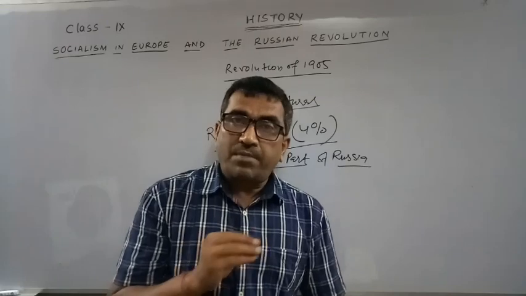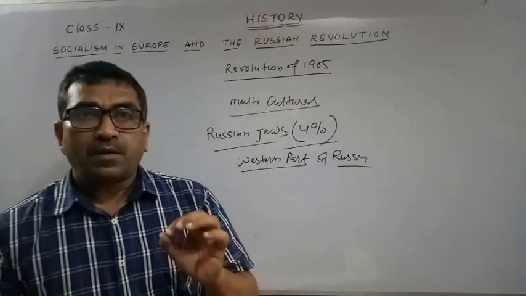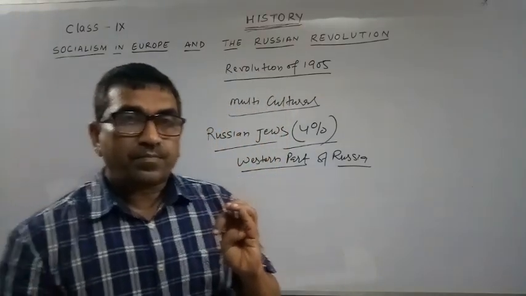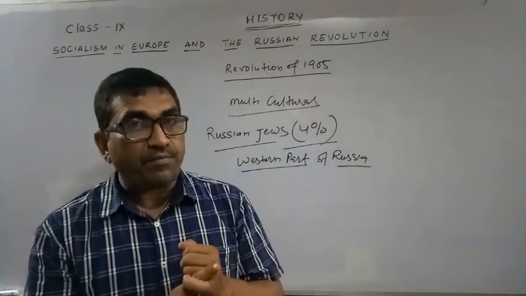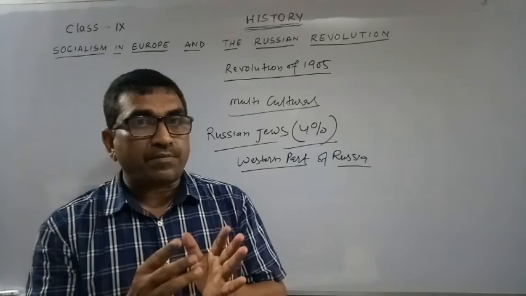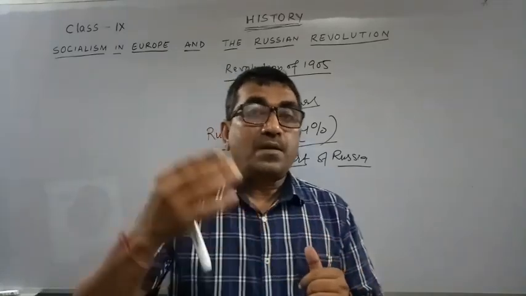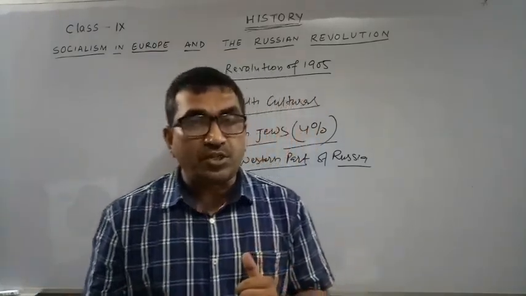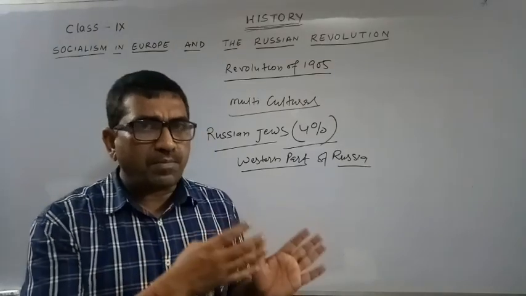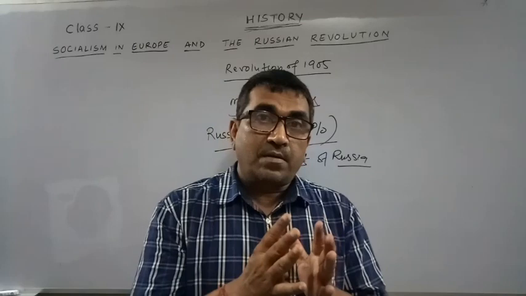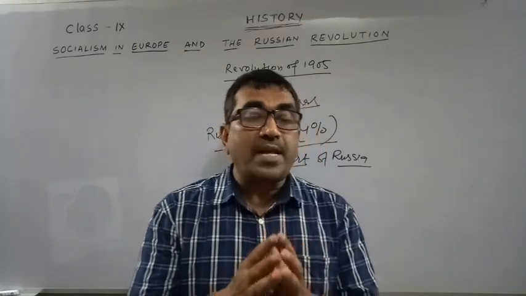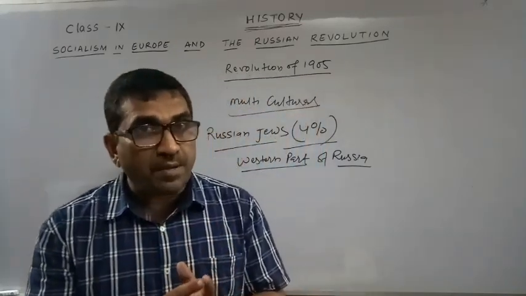These are the three conditions that we have seen. One, the peasants, basically the serfs who had got freedom, and the serfs who later joined the industrial workers, who still had a relation with the village. Peasants were not happy. Many big farmers were also in debt, so they were also not happy.